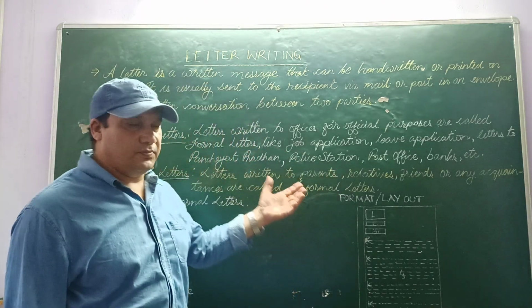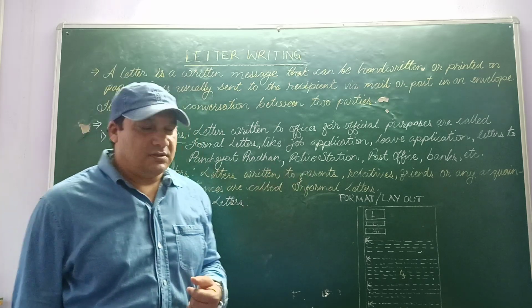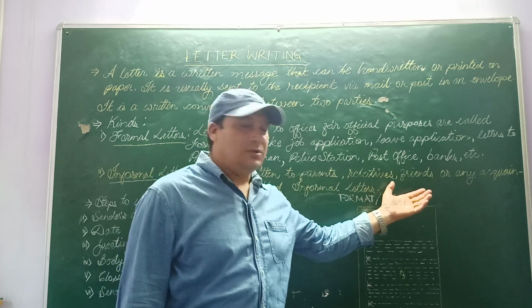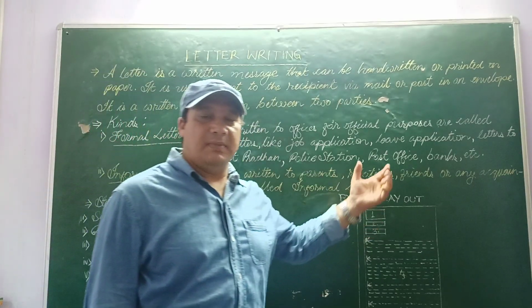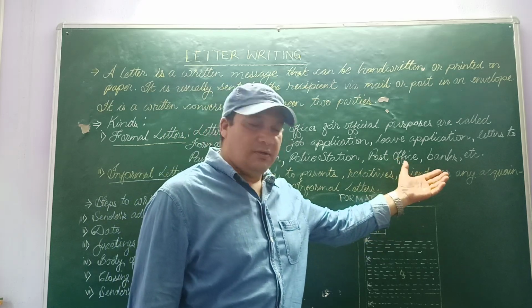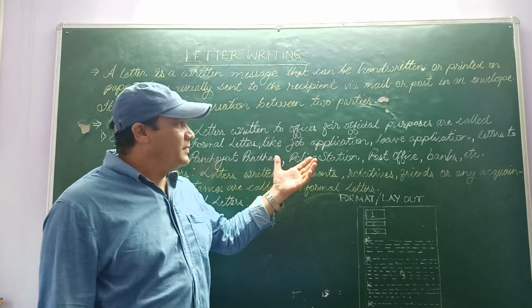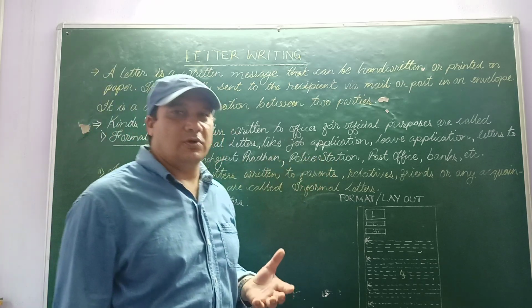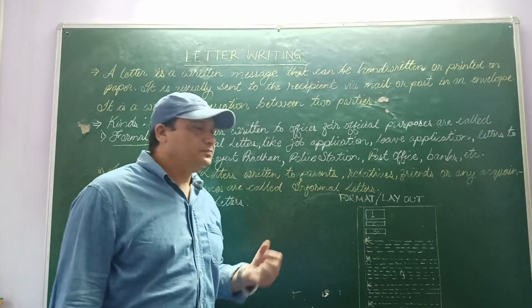We write letters to the police station for official matters. We write letters to the postmaster in the post office. We write letters to the bank manager in the banks. So these kinds of letters are called formal letters, because we write these to offices for official purposes.